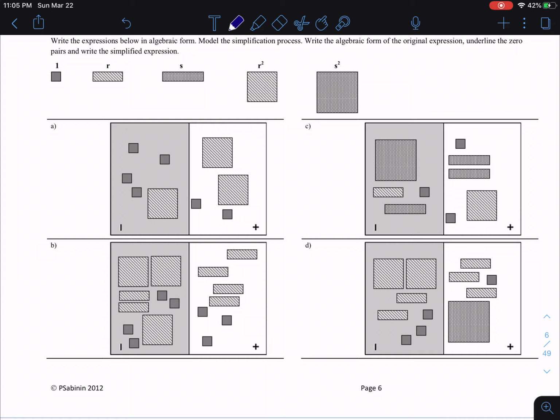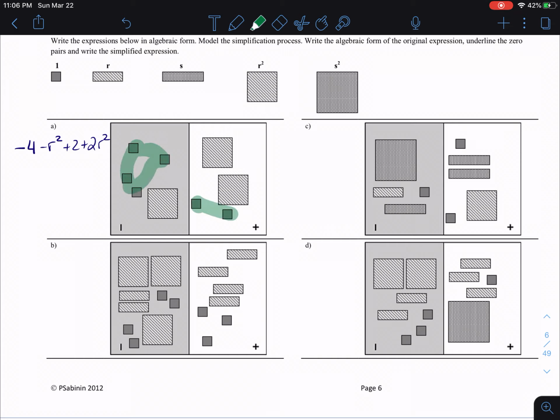in algebraic form. So the way that they are actually represented is that we have -4 and a -r squared on the left-hand side, and we have +2 and +2r squared on the right-hand side. Now, knowing what's happening, we know that we have the -4 and the +2.